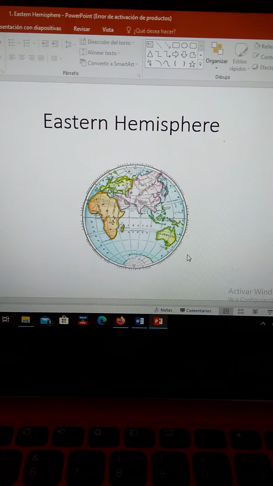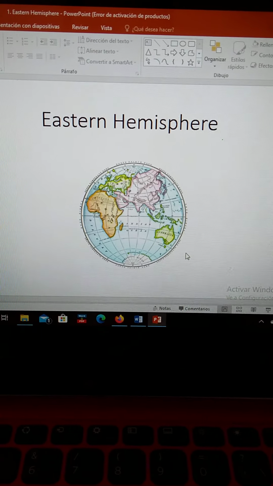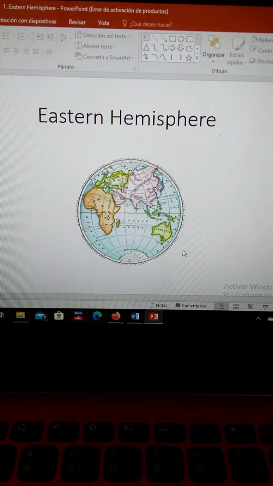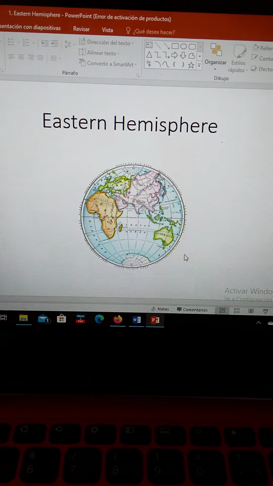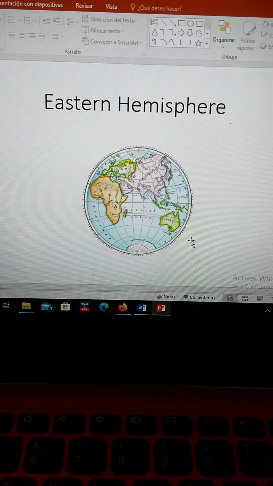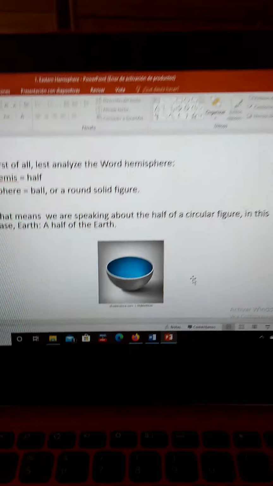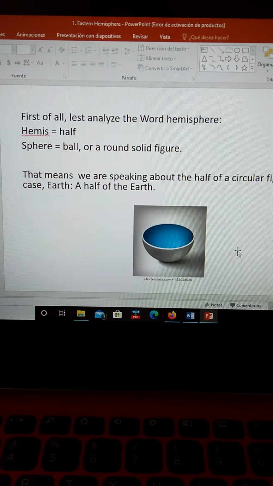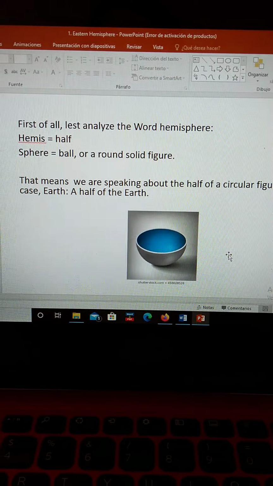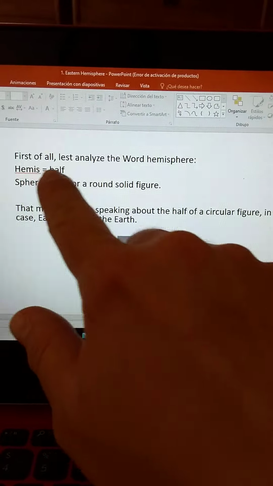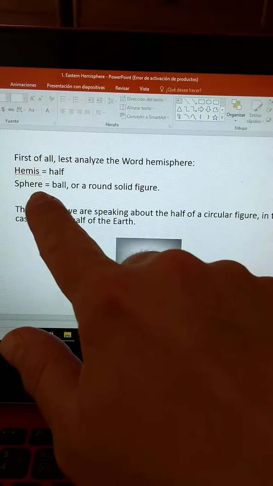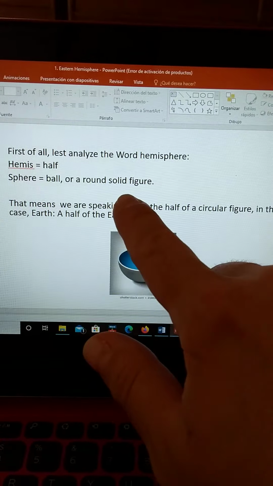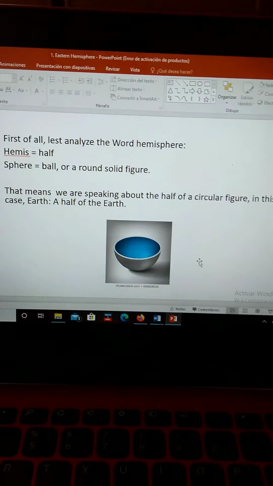Okay, the Eastern Hemisphere. Now, if you think about it, Earth is divided. Well, first of all, let's analyze the word hemisphere. Hemis means half, and a sphere is a ball or a round solid figure, like a cube.